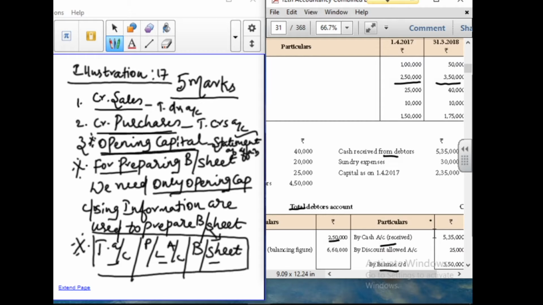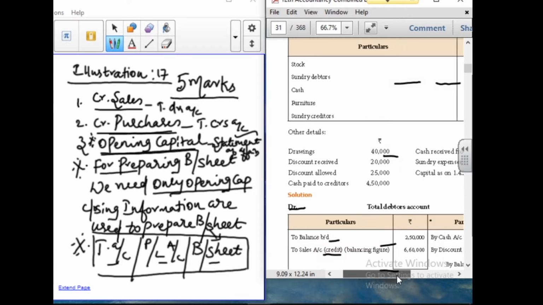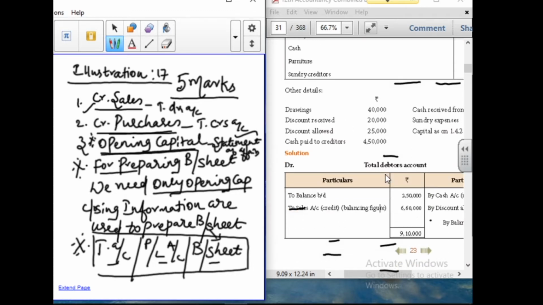We will write it here, 25,000, and your remaining balance is 6,60,000. This will be your balancing figure. Our balancing figure is to the sales account, credit sales. This information is the credit sales. So we have found out the first information, that is how to find out the credit sales. Next we'll move on to finding out the credit purchases.